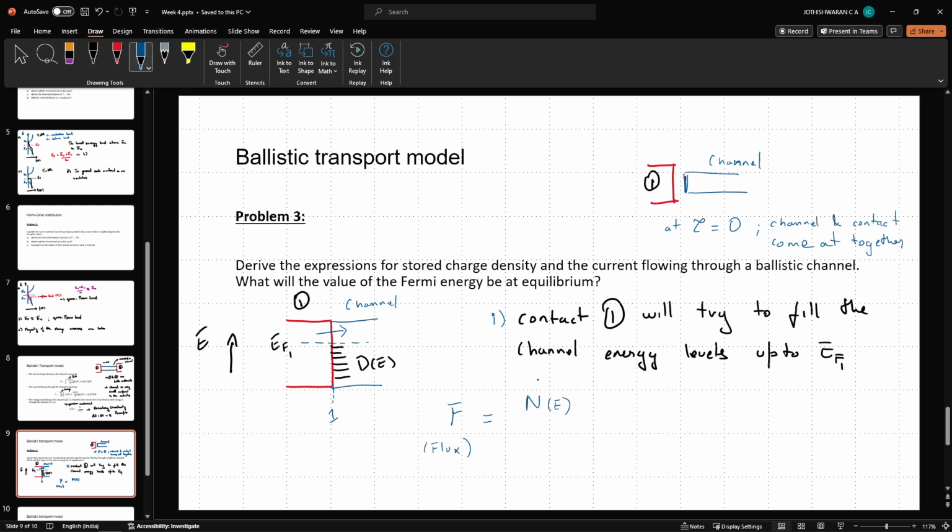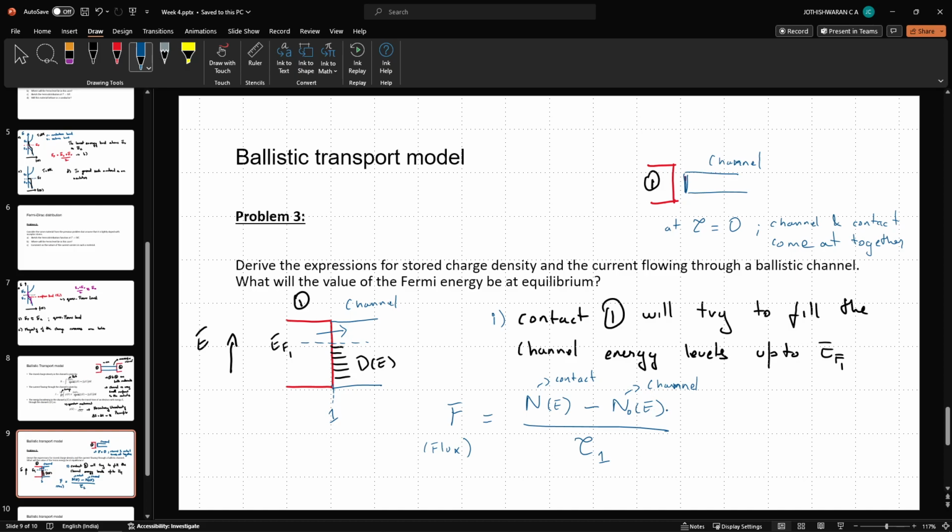So N of E is the contact carrier concentration, minus N naught of E, which is in the channel, divided by tau. In fact, since this is across junction 1, I will say this is tau 1.